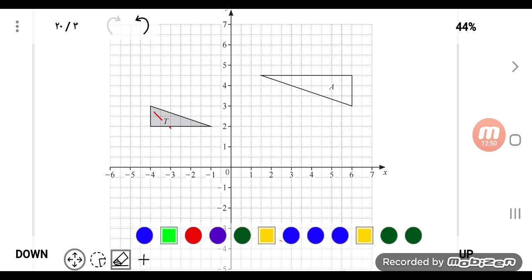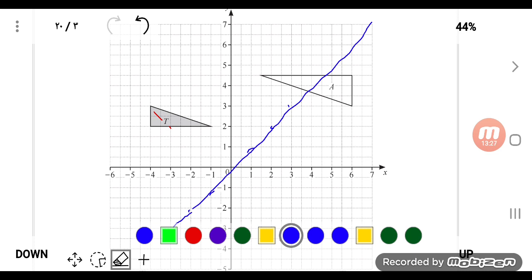The mirror line y equal x passes through 1, 1, 2, 2, 3, 3, 4, 4, and so on. Which means the line of reflection also passes through -1, -1, -2, -2, like this. So that is the line of reflection. Of course, you need to draw it with a ruler.